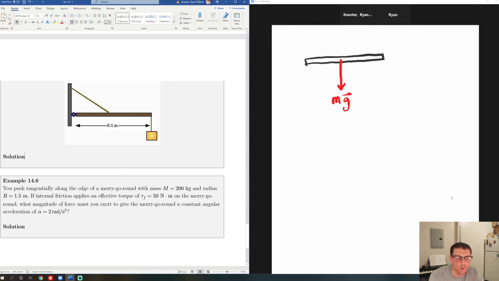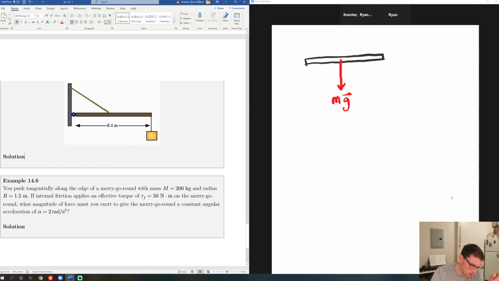And one of the points of our discussion of center of mass was that when we have an extended object, we can imagine all the mass being concentrated at the object's geometric center, right? And for a uniform beam, it's pretty clear to see, I think, that the center of mass will be at the center, right? And that's part of the motivation for discussing center of mass, because now it's going to pop up a lot when we're talking about torque and static equilibrium, okay?